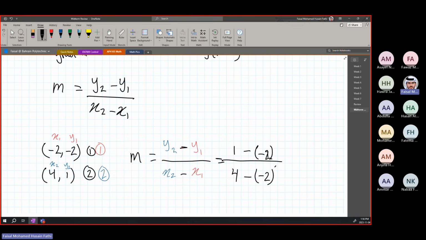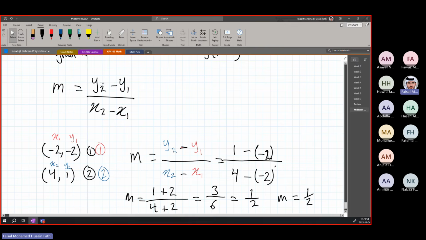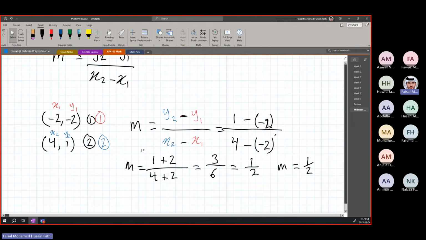Okay, and then we solve for m: 1 plus 2 is 3, 4 plus 2 is 6, which is 1 over 2. Our m is equal to half. Simple. Okay, this is how you find the gradient or the slope of any line.